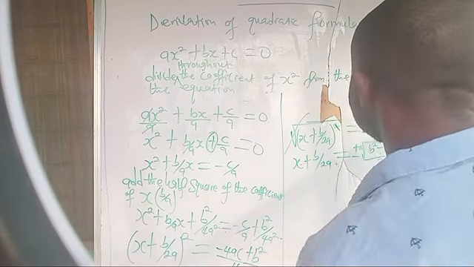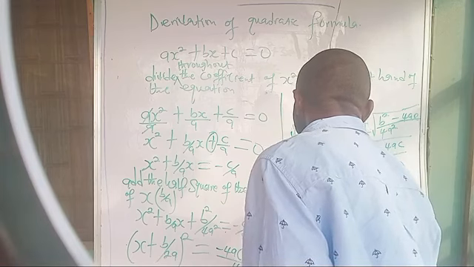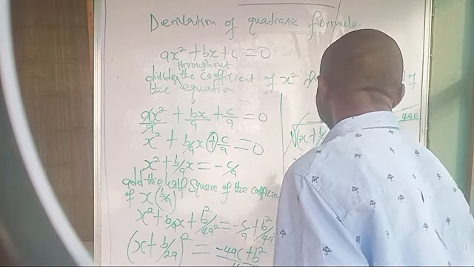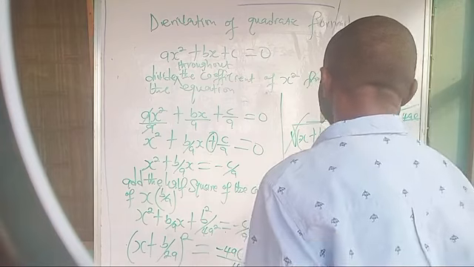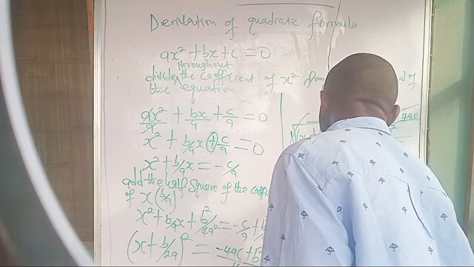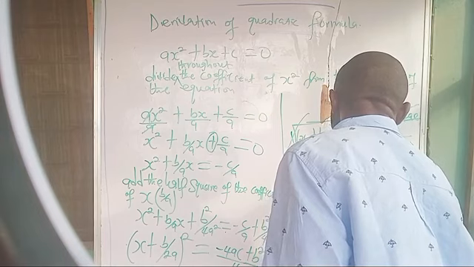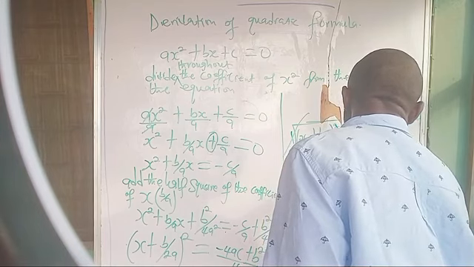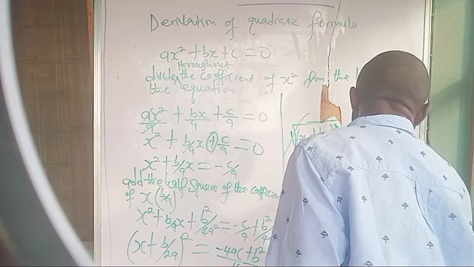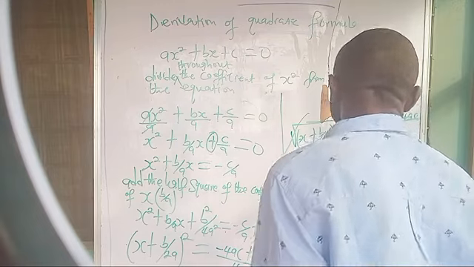Now guys, since we have it, we take x is equal to, we're going to move this to the left hand side. That will give us minus b all over 2a plus or minus the square root of b squared minus 4ac all over 2a.